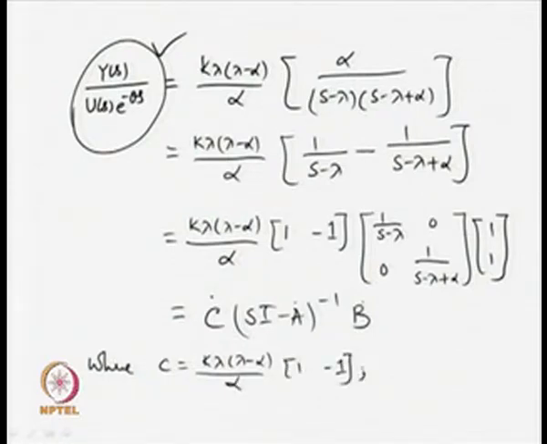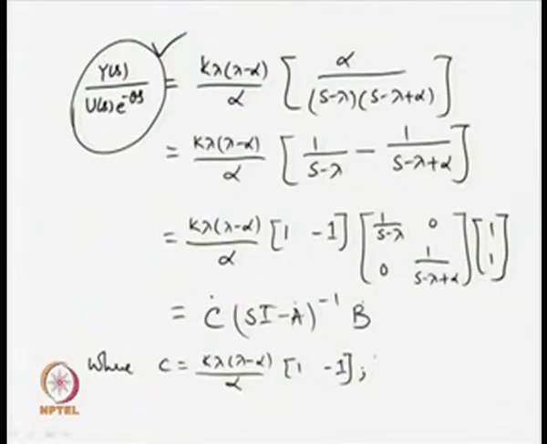It is of dimension 1 by 2. Similarly, A is now obtained as [lambda 0; 0 lambda minus alpha], and B is obviously [1 1].